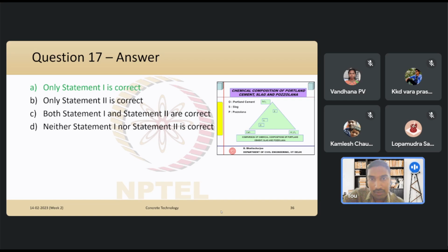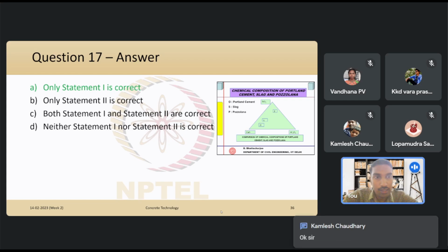It is closer to CaO than SiO2, so CaO is slightly higher in slag than SiO2. Okay, any other questions?